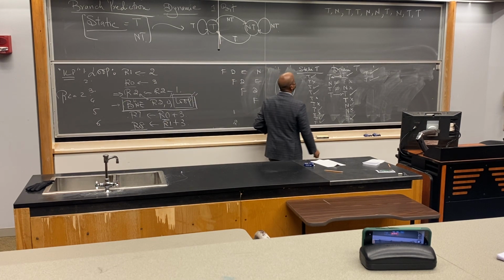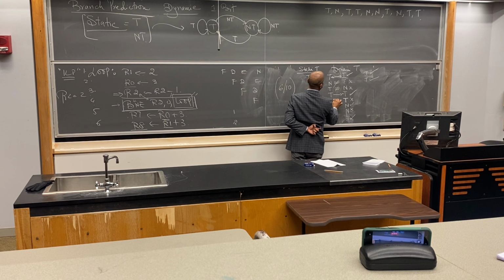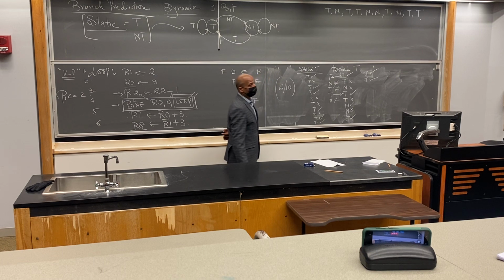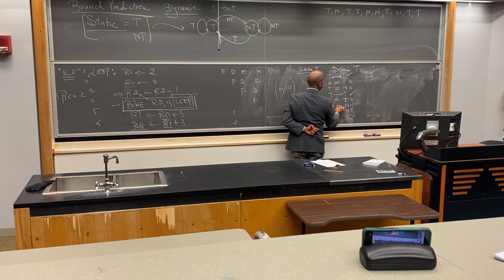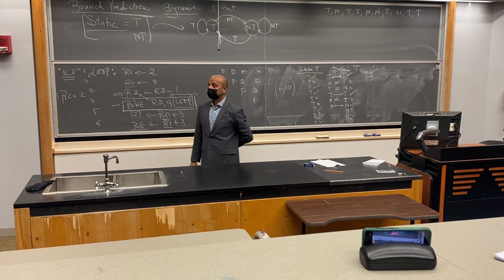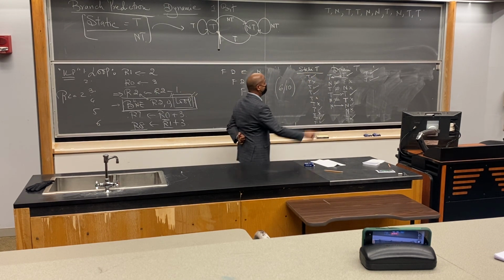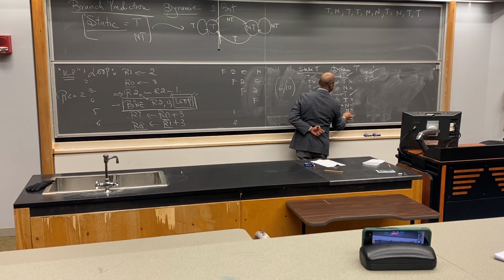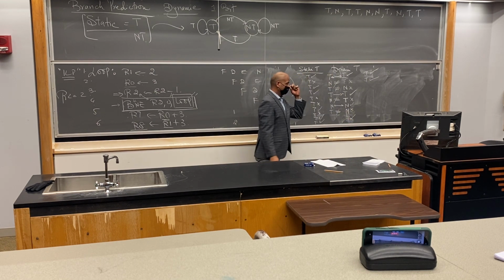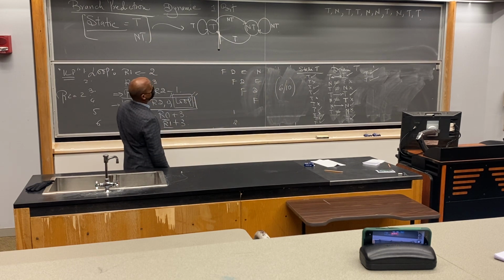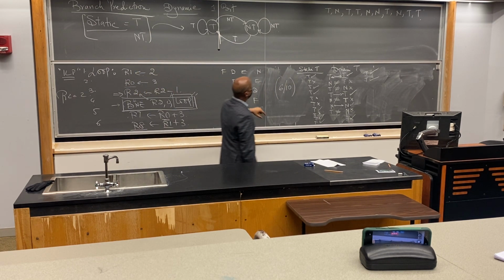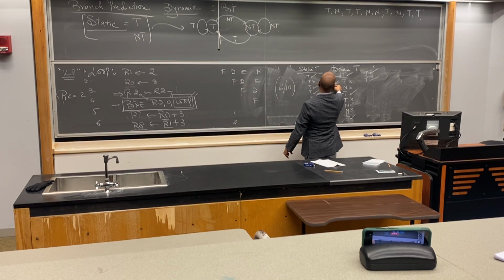You predict it to be taken, reality is not taken, does not match. You made an error, you flip to not taken. Then, predicted not taken, reality is taken, doesn't match, you made an error, you flip. Do I have it correct? No. What is that? It was not taken. 1, 2, 3, 4.